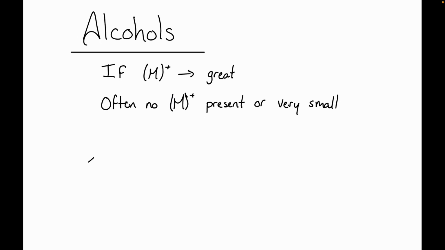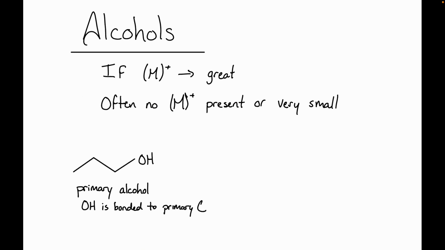So, if we have what we call a primary alcohol, meaning our OH is bonded to a primary carbon. All right, we talked about that here today. How many neighbors does that carbon have?